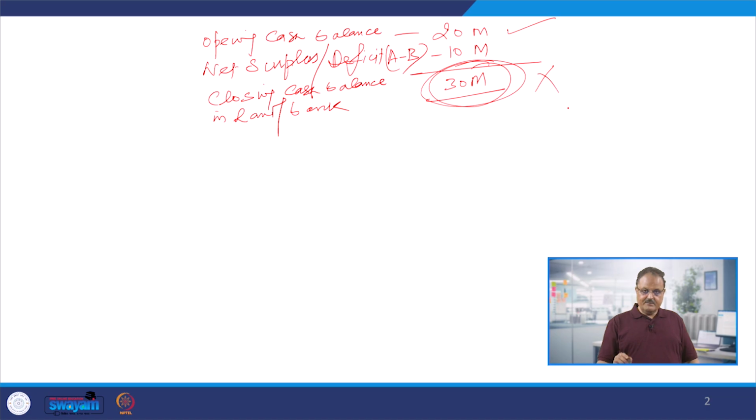So it is largely because of the very good cash balance in the current year's balance sheet. As far as the N plus 1 year's cash position is concerned, against the total profit of 30 million, how much is the cash? If you see here, this is the cash of 10 million.